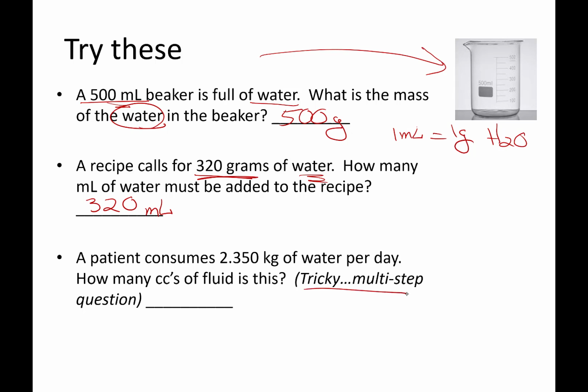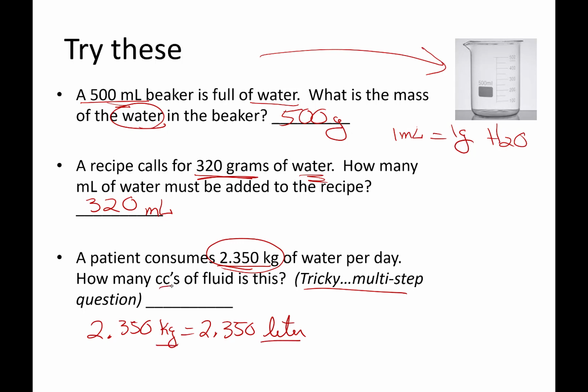Okay, this is a tricky multi-step question. A patient consumes 2.350 kilograms of water per day. How many cc's of fluid is this? All right, we got to go through a whole bunch of different steps, but you know all the pieces, so let's do it. 2.35 kilos of water. So that's going to be 2.35 kilograms of water is going to be equal to 2.350 liters, because for water, 1 kilogram is a liter.